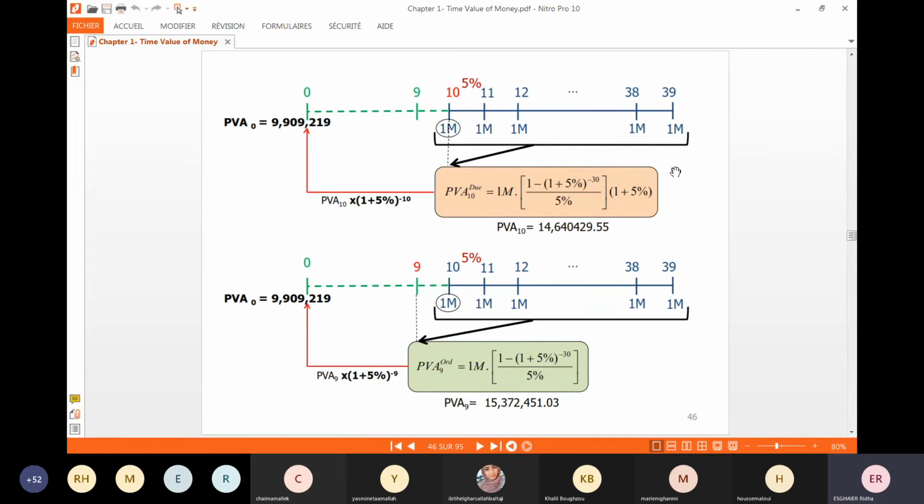But should we use the present value of an annuity due or an ordinary annuity? Here, it's not the beginning of the year or the end of the year that will guide us to use the present value of an annuity due or an ordinary annuity.